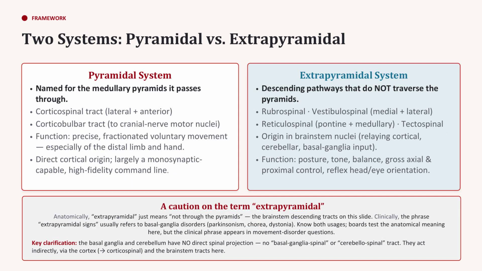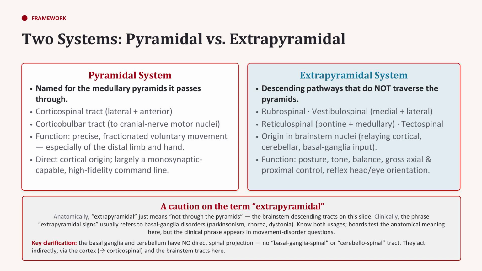The classic organizing dichotomy is pyramidal versus extrapyramidal. Pyramidal tracts are the ones that pass through the medullary pyramids, the corticospinal and corticobulbar tracts. They arise directly from cortex and specialize in precise, fractionated voluntary movement, above all the independent finger movements that make the human hand what it is.